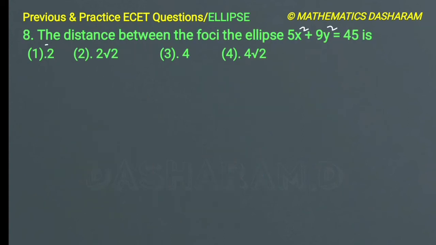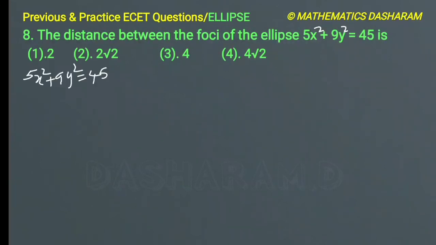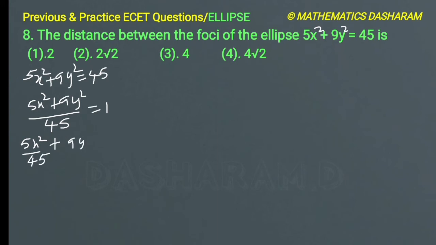Eighth question, the distance between the foci. Let's convert into the standard form of the ellipse. So 5x square plus 9y square divided by 45 equals 1. Now split into two fractions, 5x square by 45, 9y square by 45 equals 1.